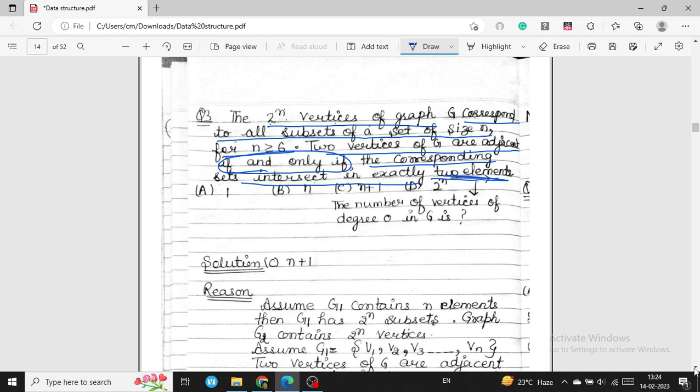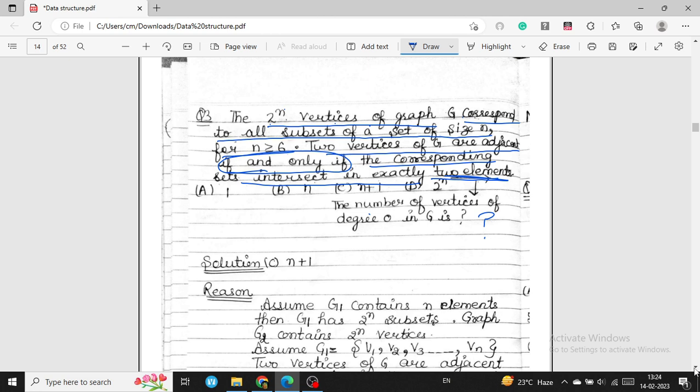Here we have to find the number of vertices of degree 0 in graph G.